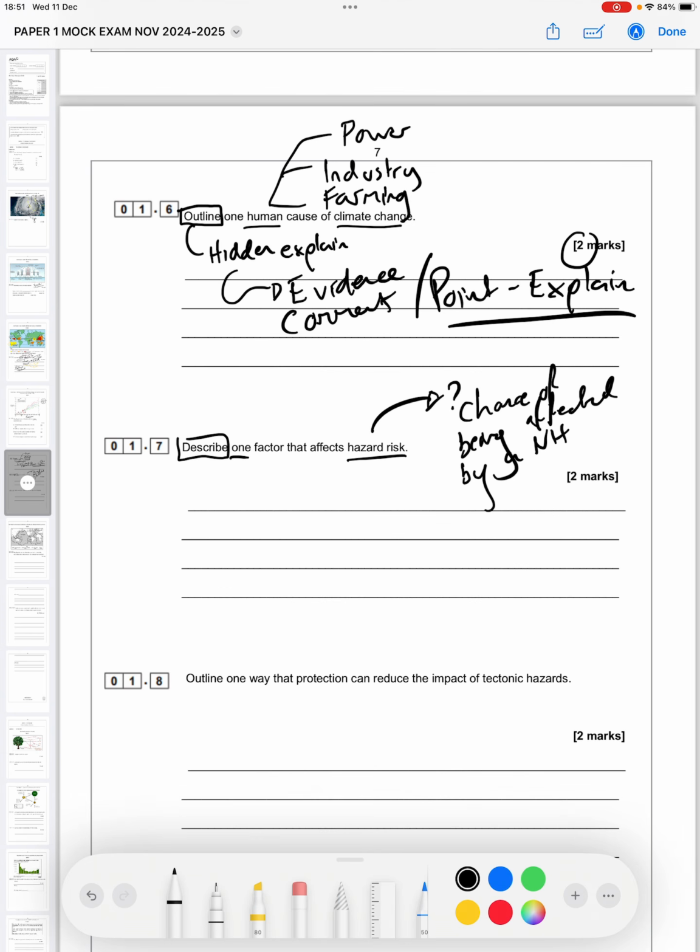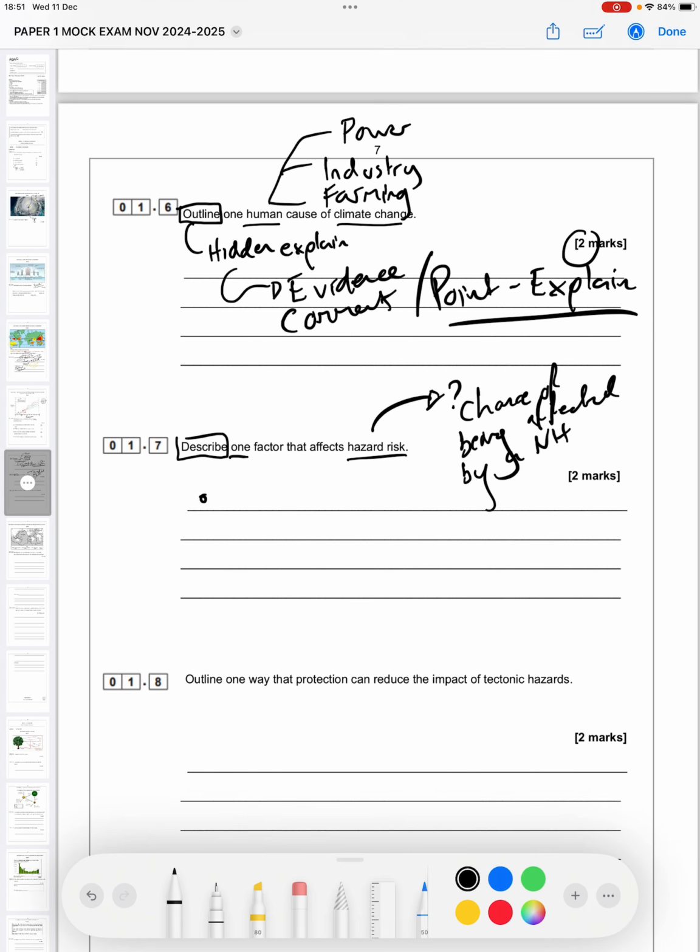So when you know that, the question then opens itself up to you a little bit. You can unlock it slightly because you know what that key term means. So then you're saying to yourself, right, okay, well, factors that can affect hazard risk include your location. For example, you might live near the coast, or you might live near a river. Okay, both leave you more at risk of flooding.